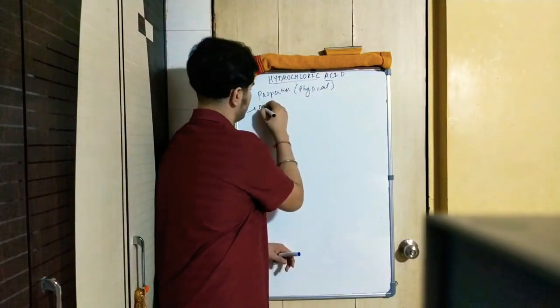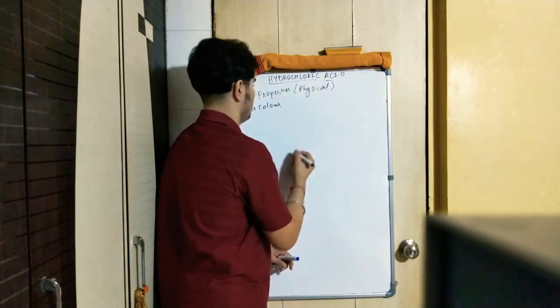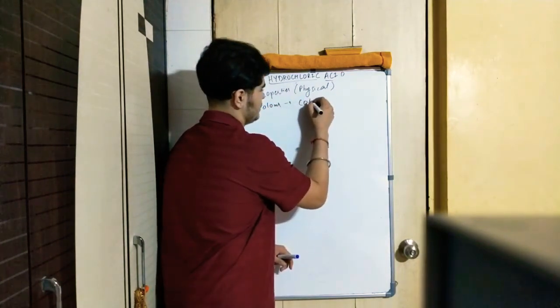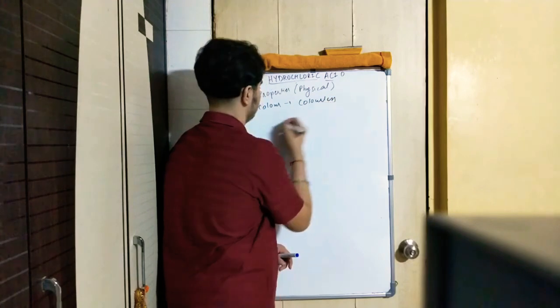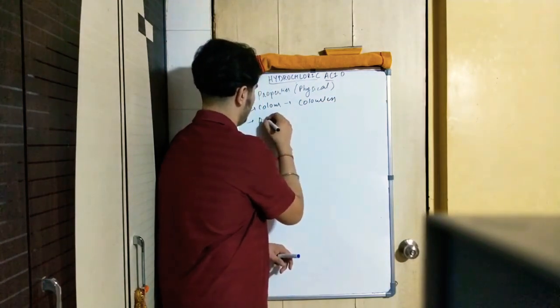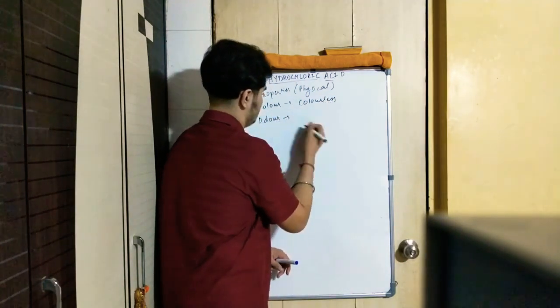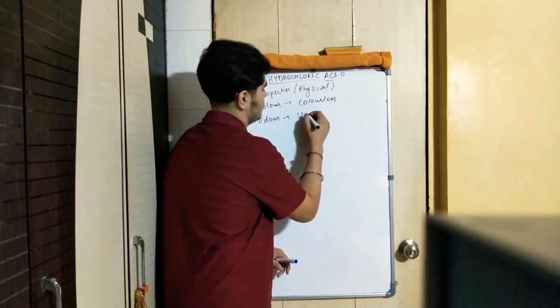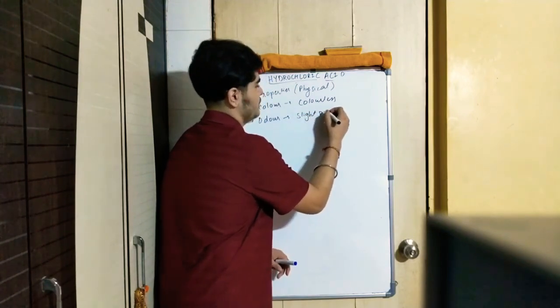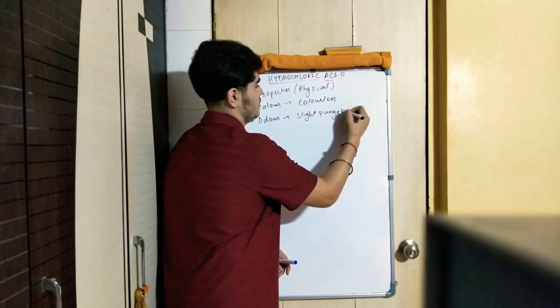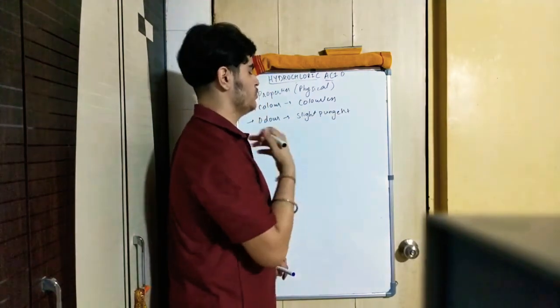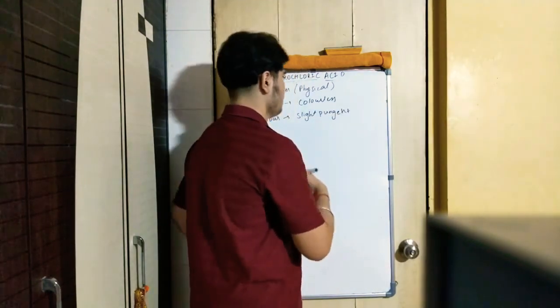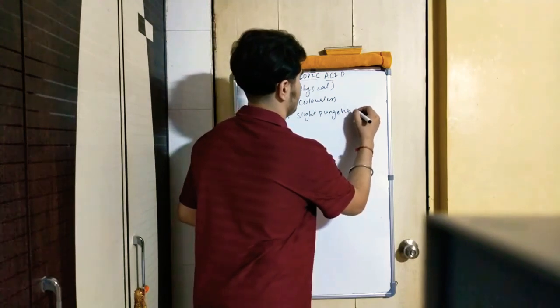First is color. What is the color? It's colorless. Second is odor, a slight pungent odor. Pungent means it's a bit irritating. When you smell it, you feel irritation in the nasal tract.